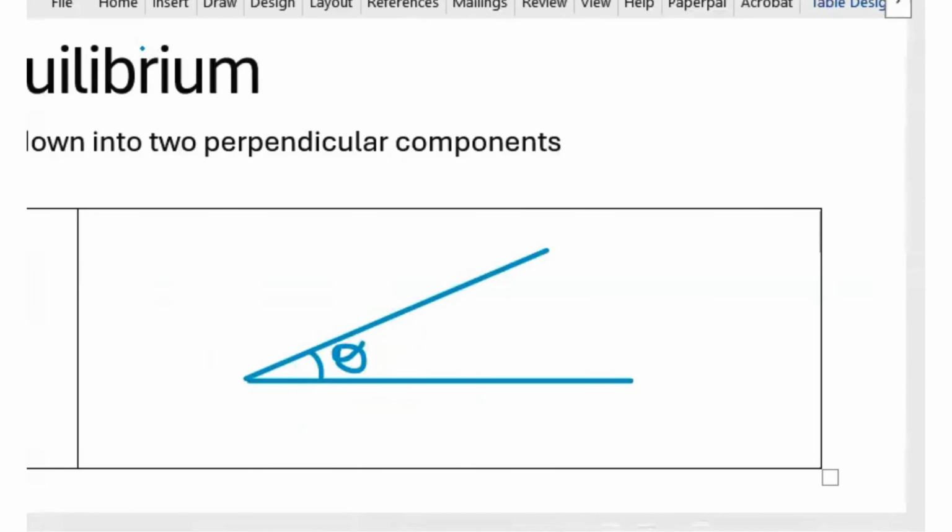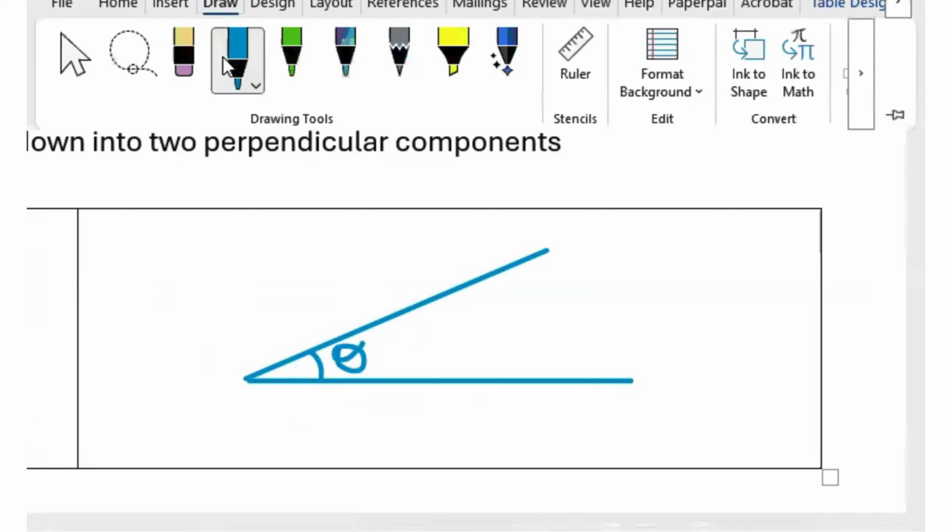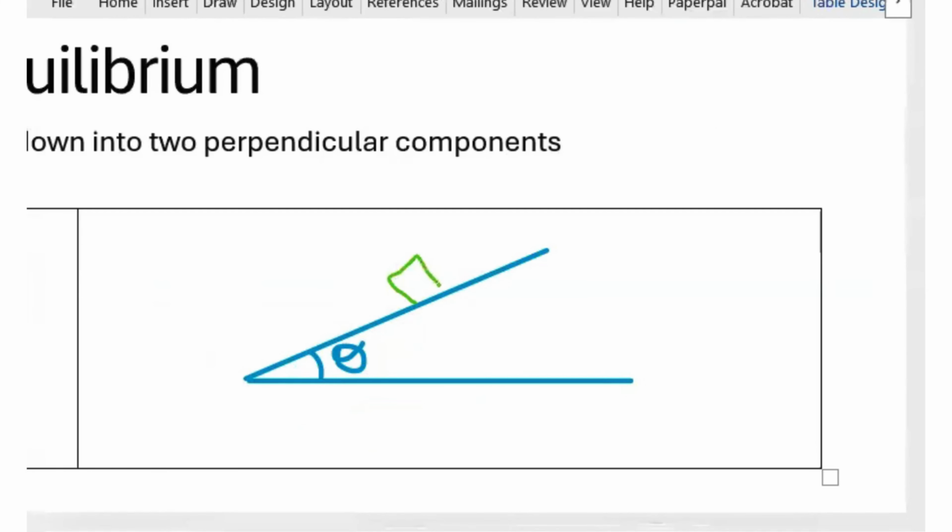And if I have an object on this slope, for example a box, and that box has a weight which is acting vertically downward.